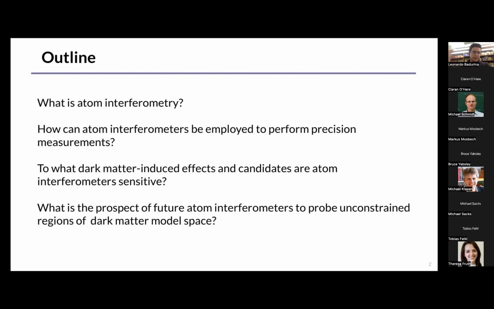Then I'll move on in the second part of the talk to explain how atom interferometers can be used to look for dark matter induced effects. And ultimately, I'll show you how future atom interferometers, such as the AION experiment, in at least one of its future iterations, will be able to probe regions of dark matter model space that have not yet been probed by other experiments.